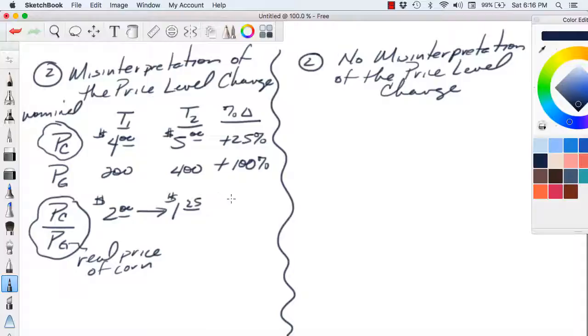That's a decrease of, what is that? That's a decrease of 75 cents over 2. So let me get my calculator out and calculate that.